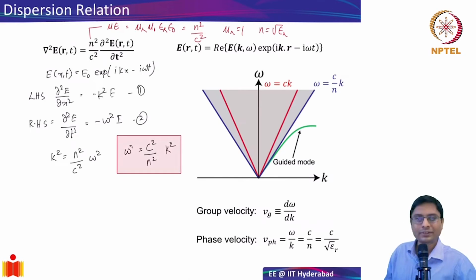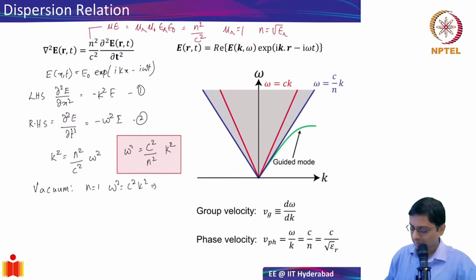Let's first consider the case of vacuum. If I take vacuum, my n is 1. So omega square equal to c square k square. This implies omega equal to plus or minus ck.